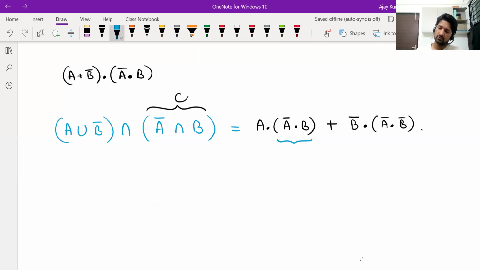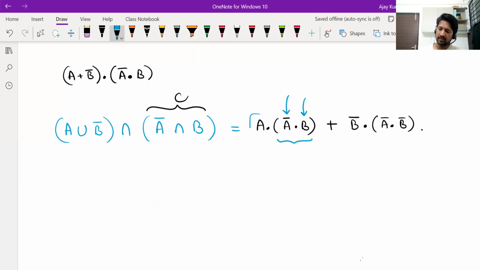So elements which are not in A and present in B. That is what this represents. So basically the output here will be something which is not in A but compulsorily there in B.